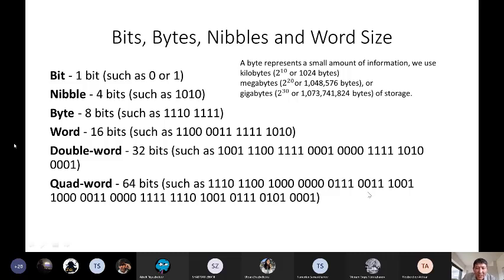You should understand that a kilobyte is 2 exponentiated to the 10, or just 1024 bytes, and then megabytes, gigabytes, etc. I think you know it, but it is not necessary to memorize. You can just search in Google for what kilobytes and megabytes are. You can find software that can convert.